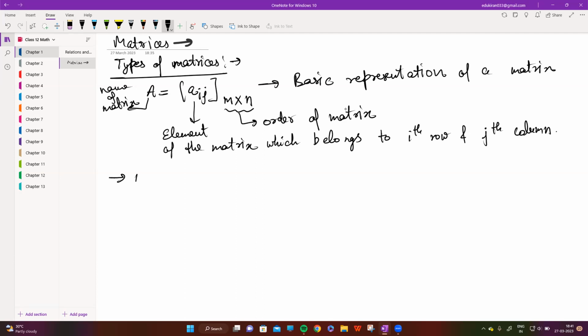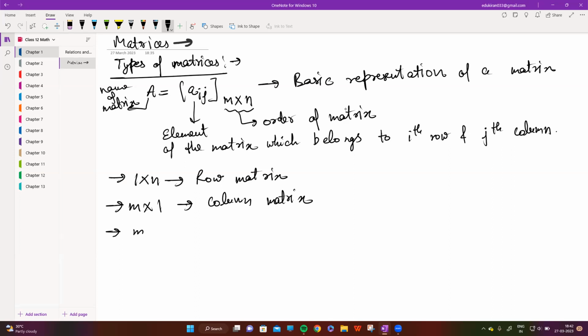If the order is m cross 1, then it is known as a column matrix, if there is only one column present in the matrix. And if the number of rows is equal to the number of columns, then it is known as a square matrix.